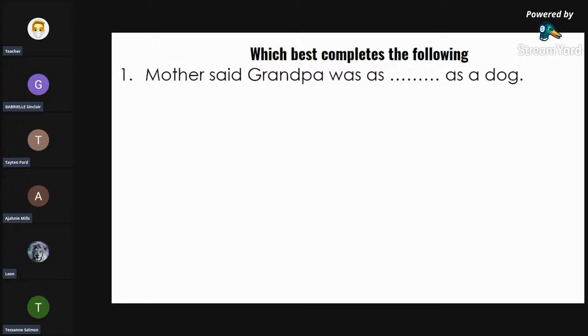Okay, sure. Mother said grandpa was as old as a dog. Old as a dog. That's not what I was thinking of though. Let's try again. What else could we be using there for that analogy? Wise as a dog.